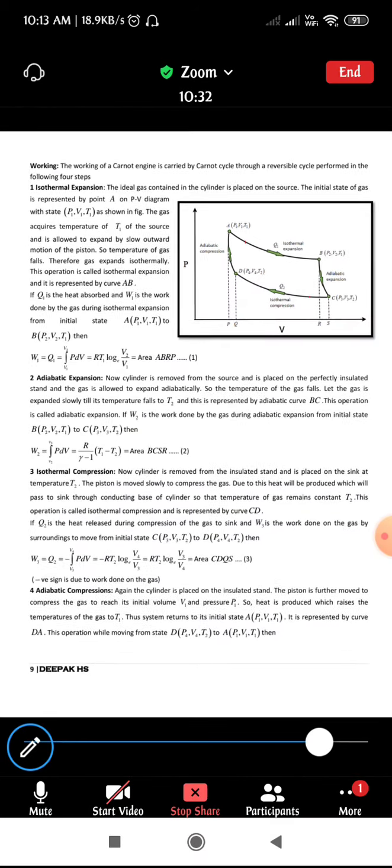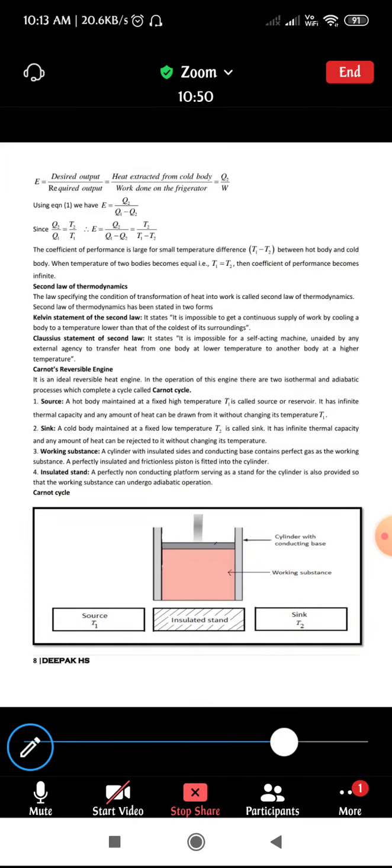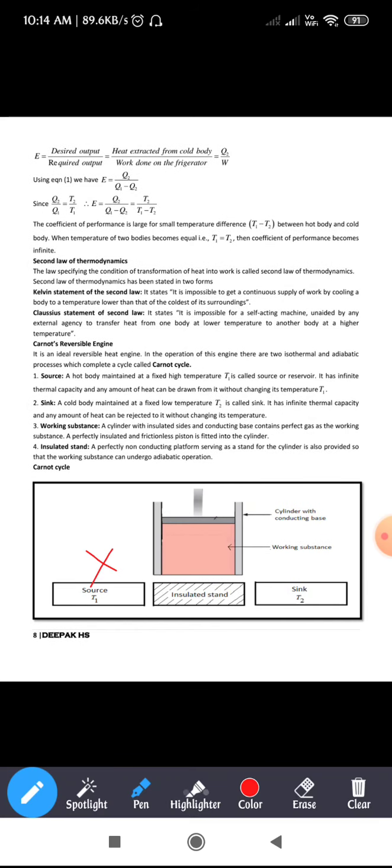Next they have given, if Q1 is the heat absorbed and W1 is the work done by the gas during isothermal expansion from initial state A, P1 V1 T1, to B, P2 V2 T1. First of all you are placing the cylinder on the source, and heat starts to flow from the source to the cylinder.